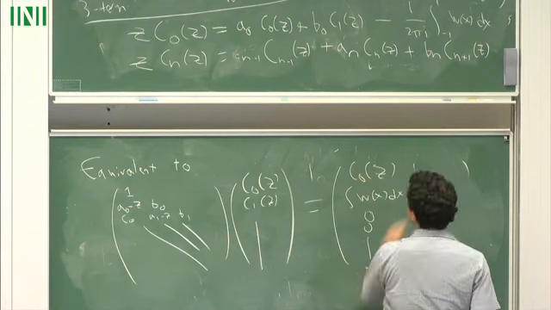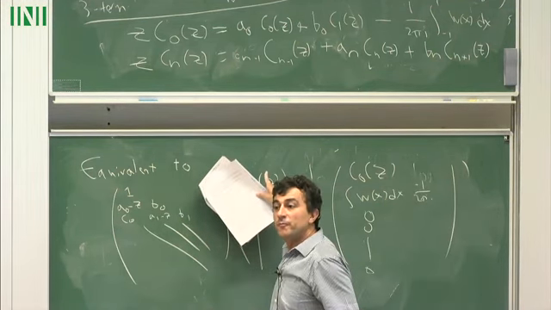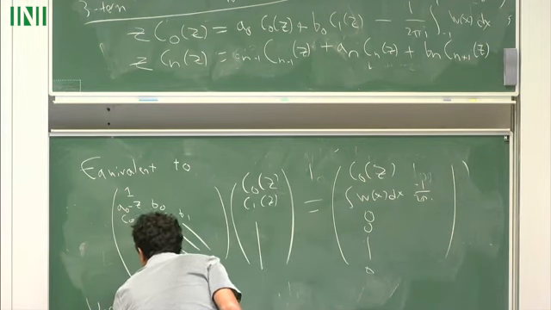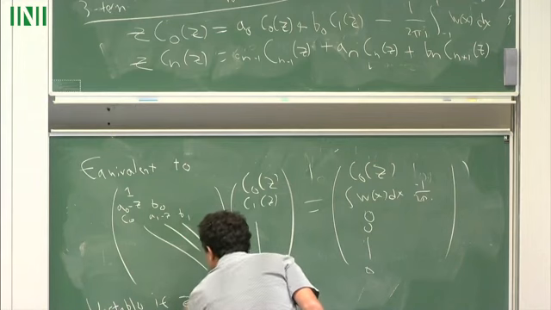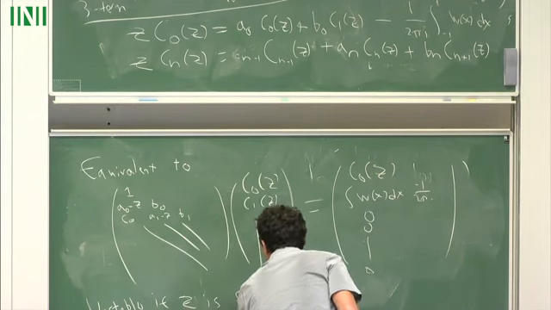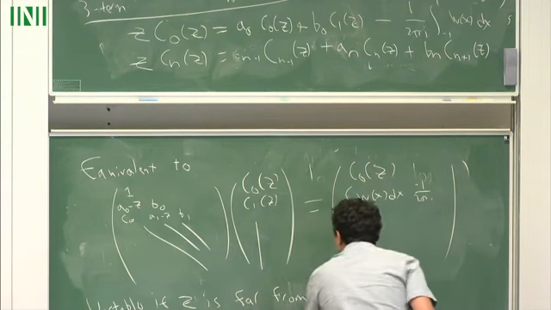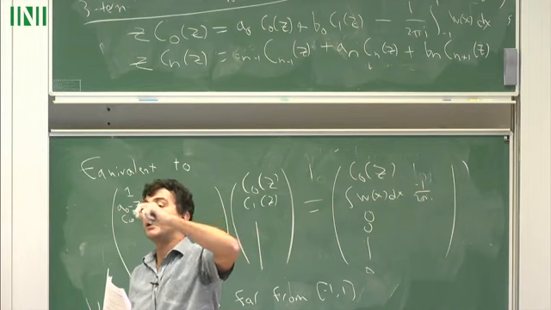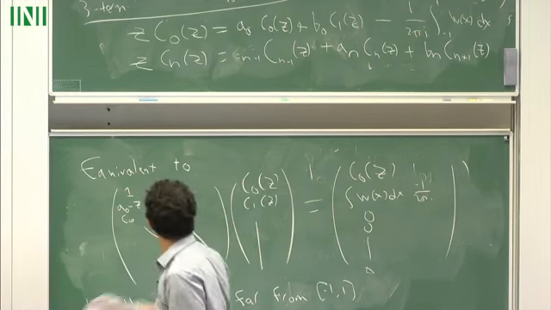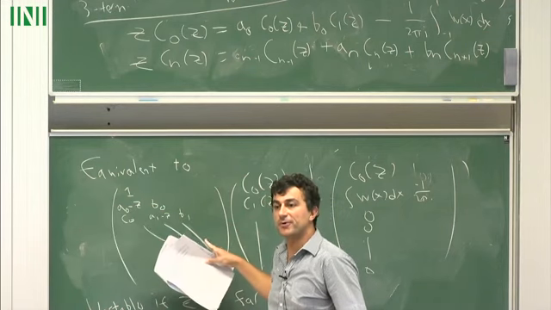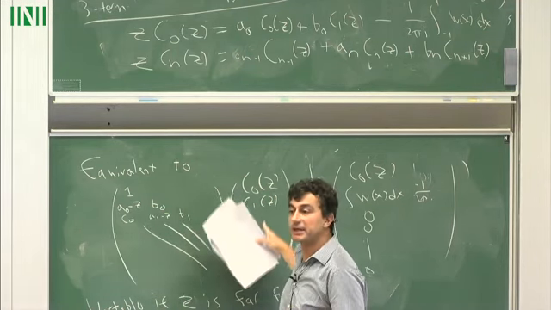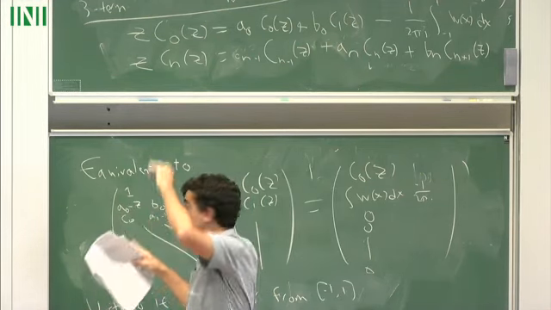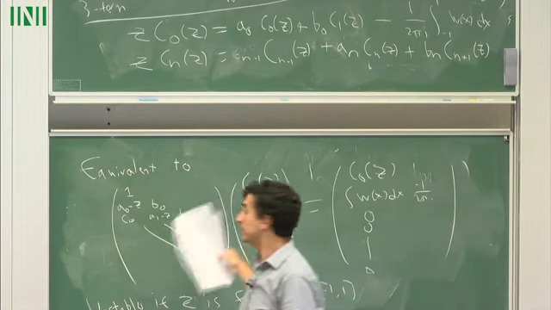So essentially we're solving this system with forward iteration, but it's unstable if z is far from [-1, 1]. So this actually works great for evaluating Cauchy transforms on [-1, 1], or if you're suitably close, and suitably close depends on n. But as we go further and further away, the Cauchy transforms are actually getting very, very small. It's picking up the growing solution to the three-term recurrence, and so therefore it's unstable.